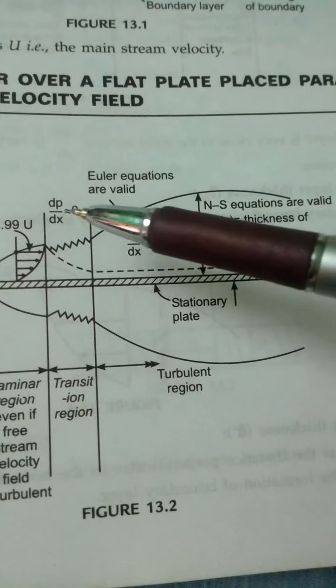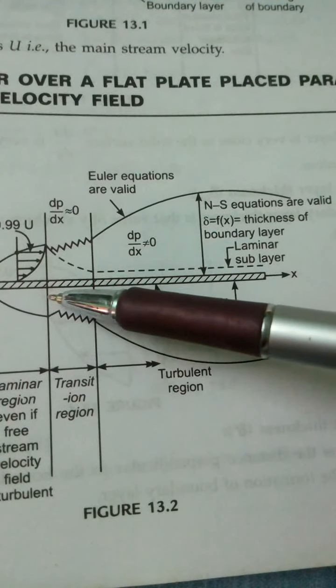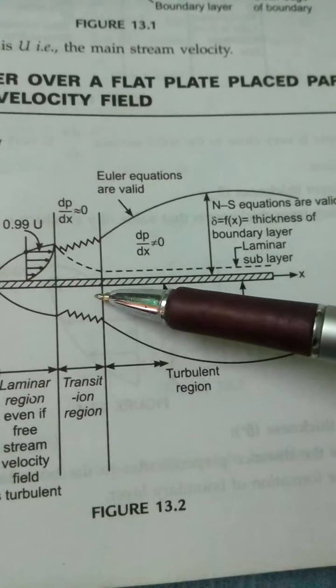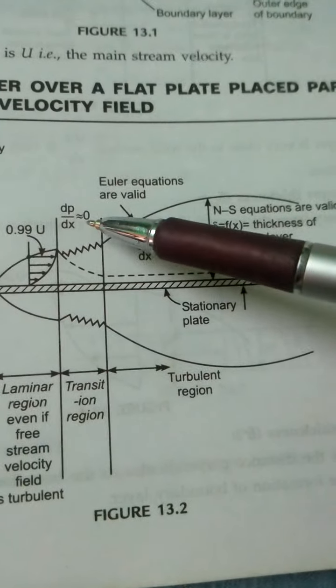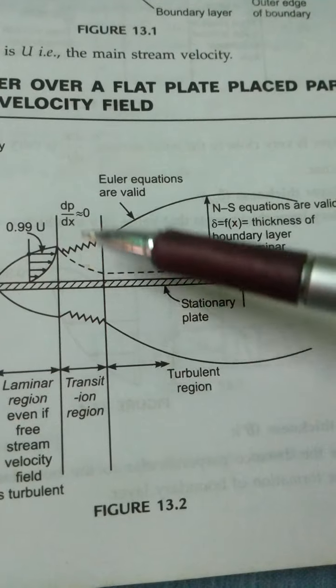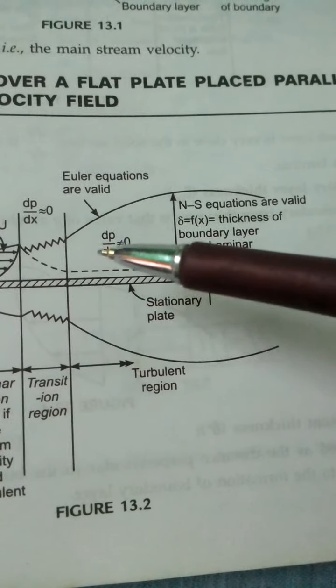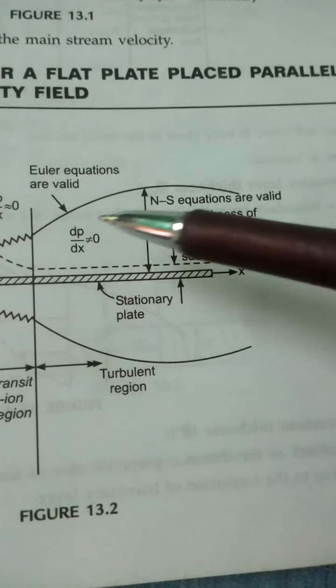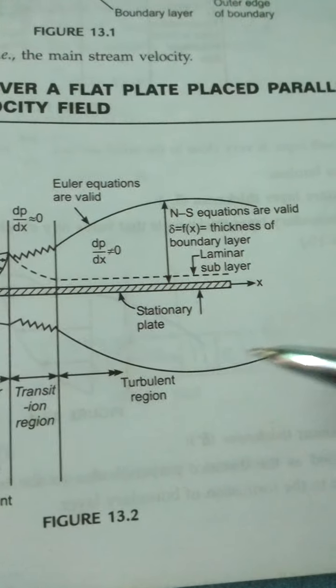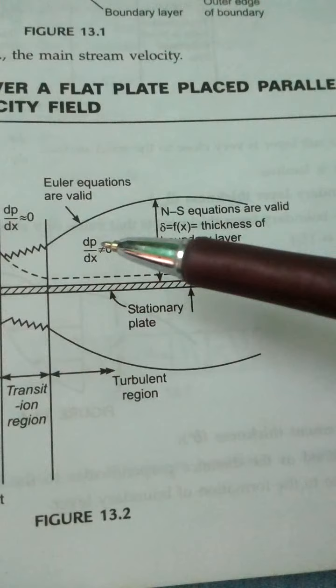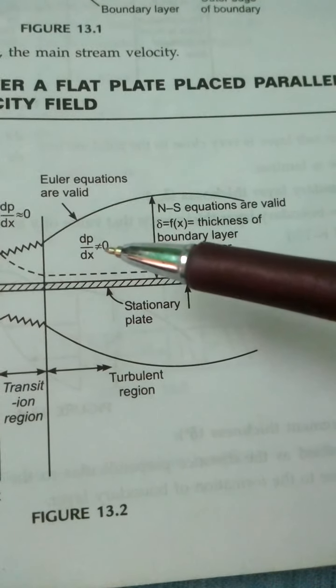Now this zone is called the transition region. So here dp by dx is almost equal to 0. Here there is a turbulent flow in this direction. Here is the turbulent region where dp by dx is not equal to 0.